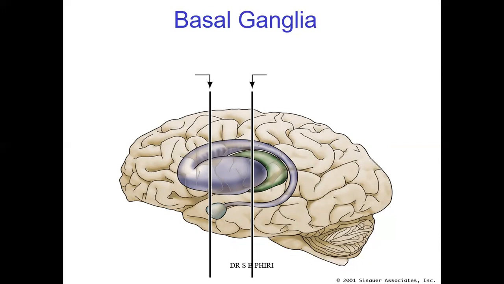So these basal ganglia is just a group of cell bodies embedded within the brain itself. Under normal circumstances, it's supposed to be called basal nuclei because a collection of cell bodies within the central nervous system, they are called nucleus. In the peripheral nervous system, they are called ganglia.